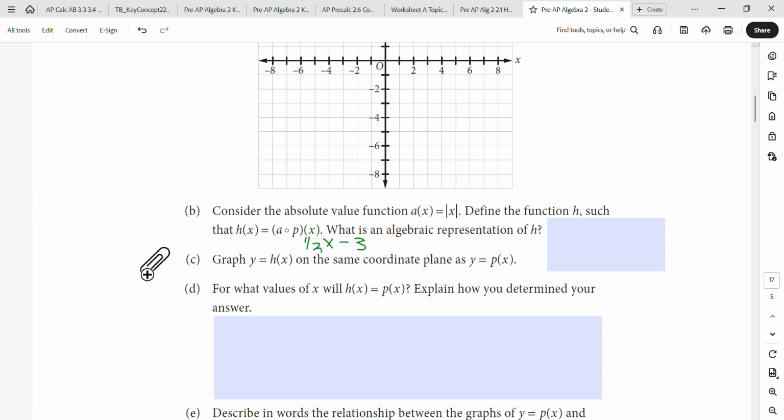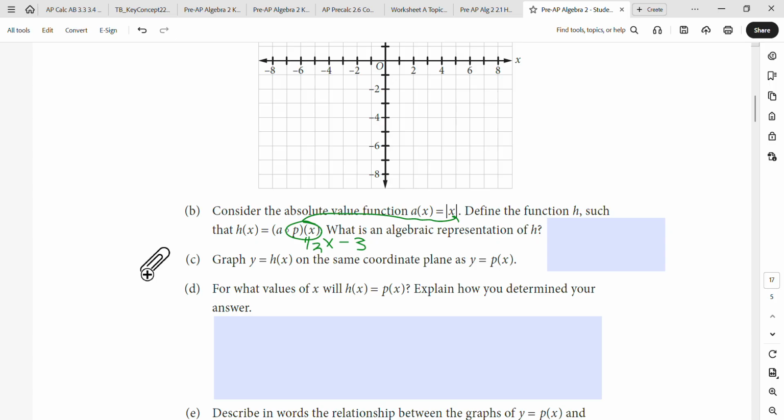It's asking what does it look like algebraically? So it would just be taking the P, which is 1/2 x minus 3, and plugging it into A of x. So what would this be? Anyone?